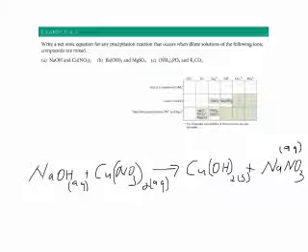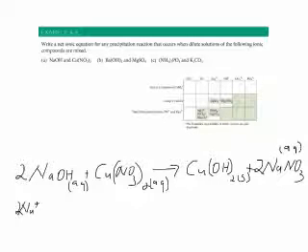Alright, now I'm going to rewrite the equation, and I'm going to write everything in the form that it exists in the solution. And what I mean by that is this, that if sodium is an ion in the solution, I'm going to write it as an ion. I'm not going to put the AQ because I'm running out of room here. Oh, I guess I should probably say that I will balance this equation. So we had 2 here and 2 here. Alright, so that means we have 2.